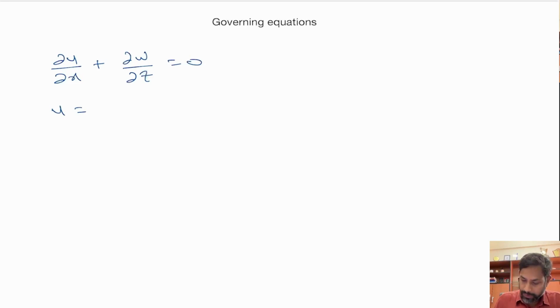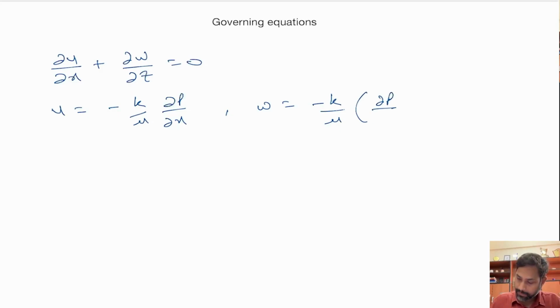And then u will be minus k over mu dp by dx, and w will be minus k over mu times dp by dz minus rho g.